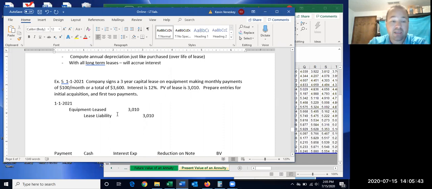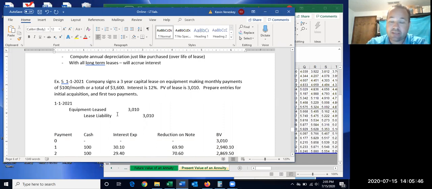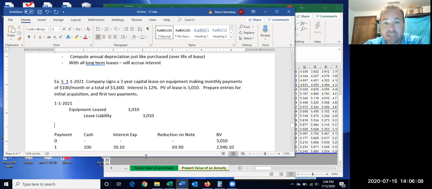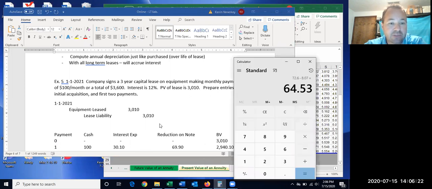So now I can start making my payments, and to do that, going back to our last session in chapter 9, when we made the amortization table, I want to figure out how much of my $100 payment goes to my loan, the 3,010, and how much of it is interest. So we do I equals PRT. I take the P, principal, 3,010, times the rate, 12%, times the time, which is only 1 month.